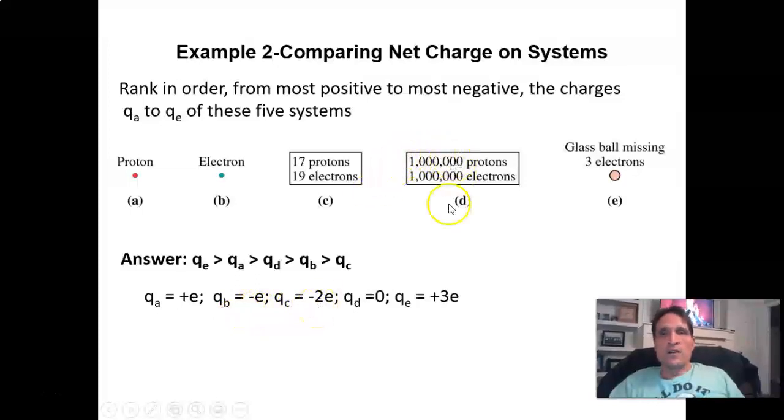D has 1,000,000 protons, but it has 1,000,000 electrons too, and so its net charge is 1,000,000 minus 1,000,000, or 0, and so this is a neutral system.